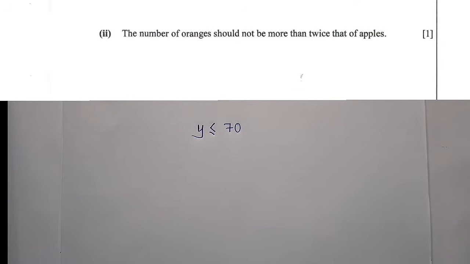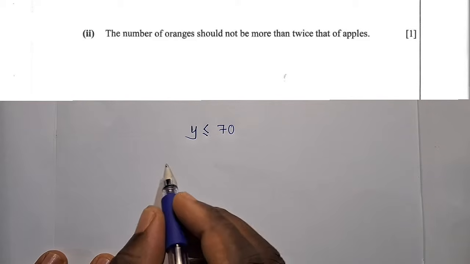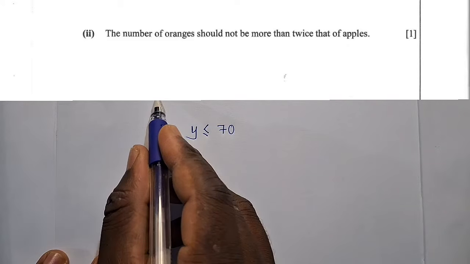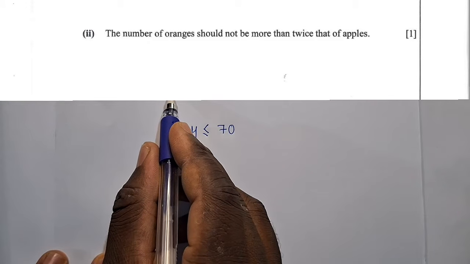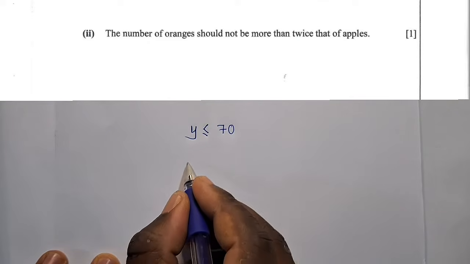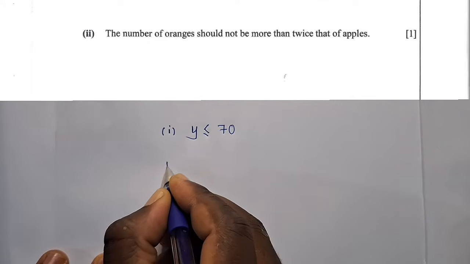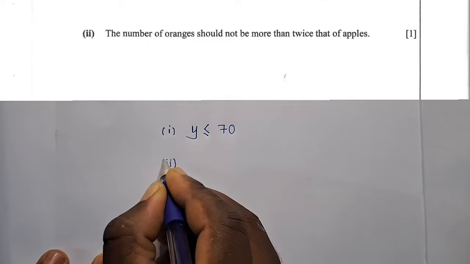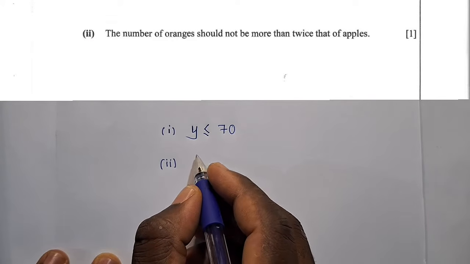For question 2, they are saying the number of oranges should not be more than twice the number of apples. Oranges is Y, while apples is X. So this is inequality 2: the number of oranges should not be more than twice.